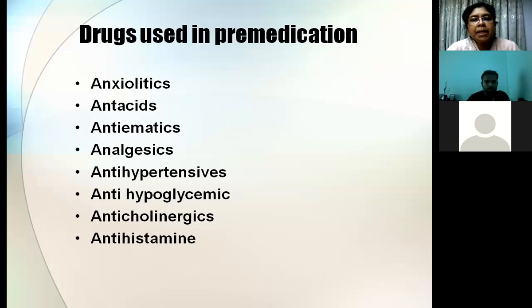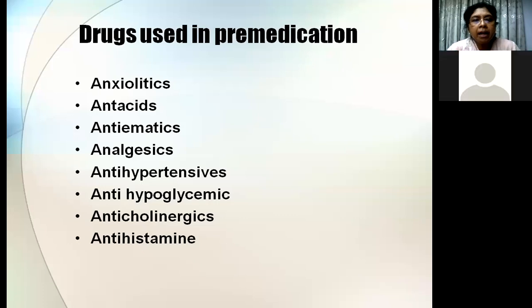The pre-medicants we use are easy to remember if you think about them as all A's. Anxiolytics: most of the patients who come to us are very anxious, because they may not understand what is happening to them.